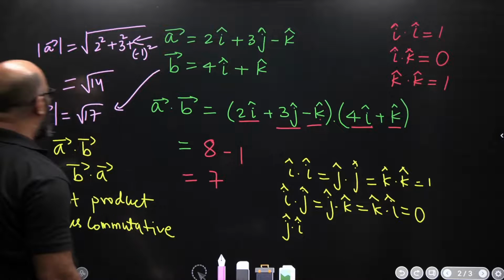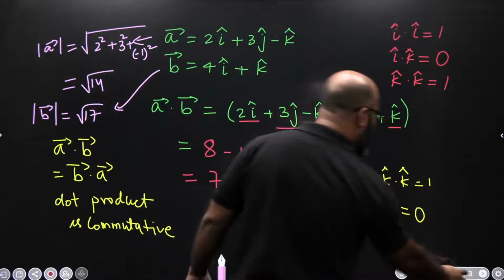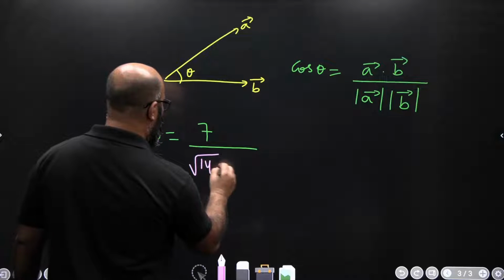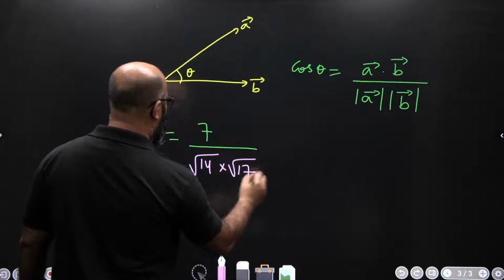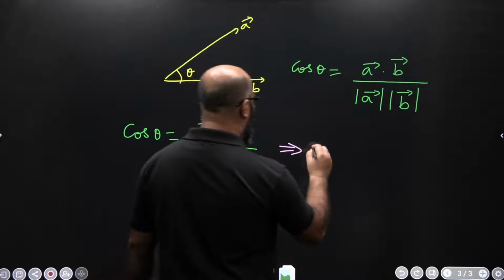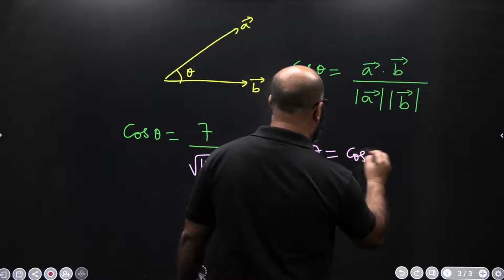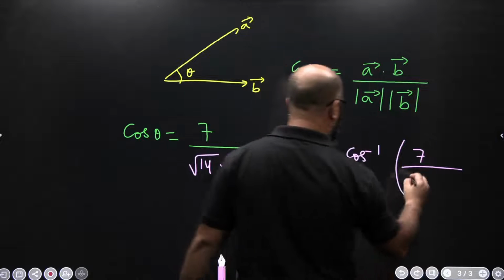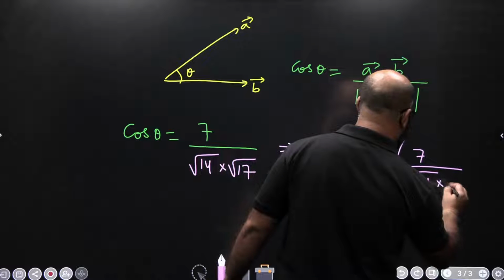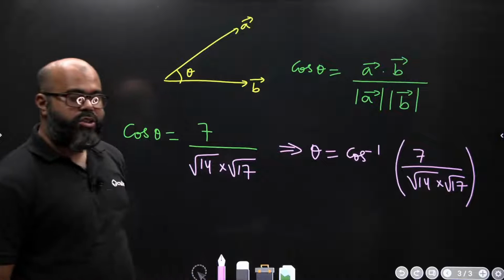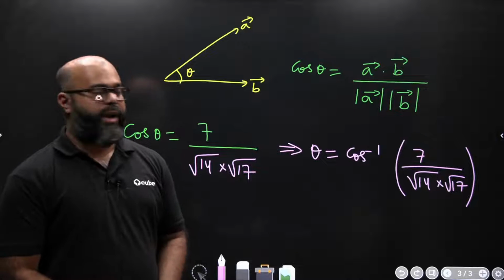So root over 14 into root over 17. So this is cos theta, which will give you theta equal to cos inverse of 7 by root 14 into 17. Whatever the value, you can calculate and find the final result. So this is how you can find the angle between two vectors.